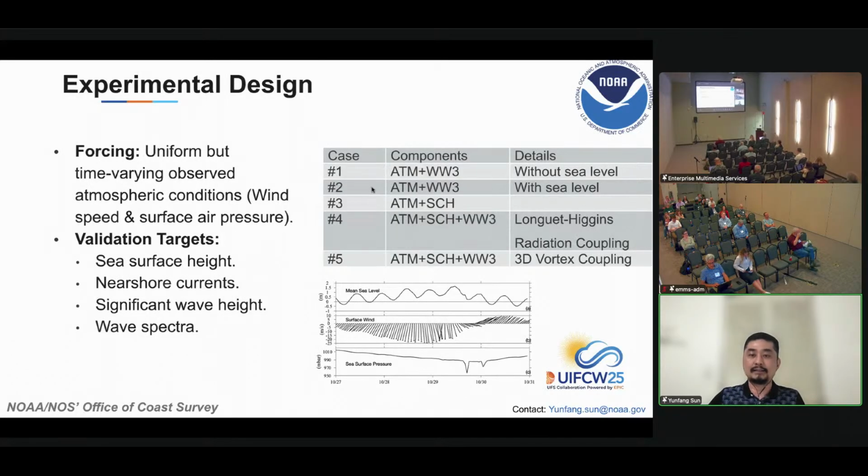The second case is CDEPS plus WaveWatch III with not only the surface forcing, but also the sea level forcing to WaveWatch III. The third case is the data ATM plus SCHISM. The fourth is the two-way coupled SCHISM and WaveWatch III with radiation stress coupling. The fifth is the most advanced, vortex force 3D coupling.